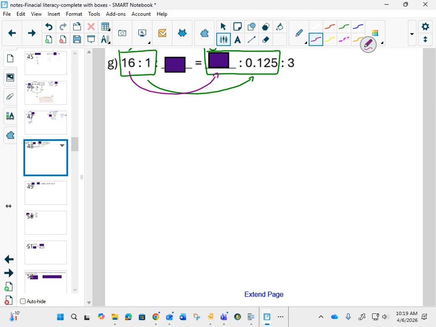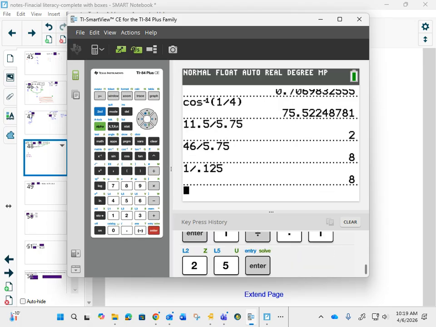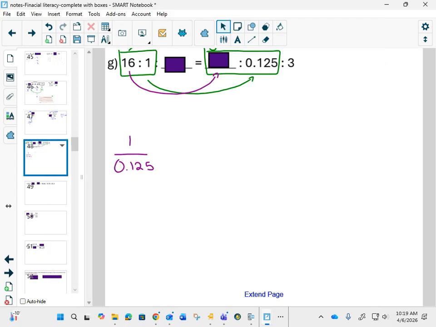I'm going from a big number to a smaller number. Does it make sense I'm going to have to divide? What do I need to divide by? Well, I can look from 1 to 0.125. I can type this in my calculator. 1 to 0.125. What is that going to be? Eight. Yep, it's 8.